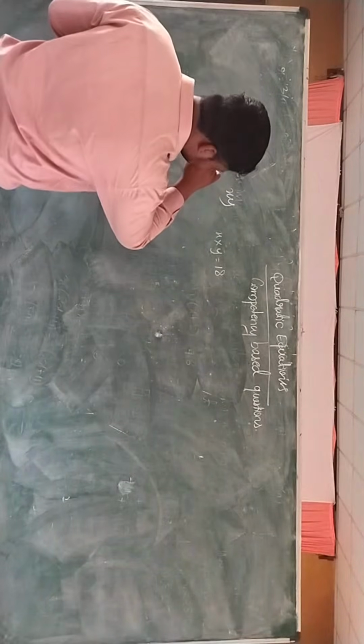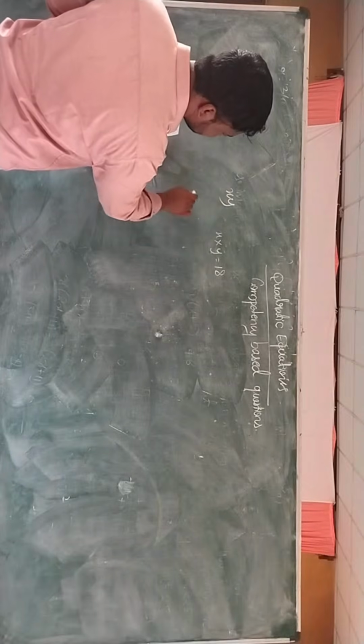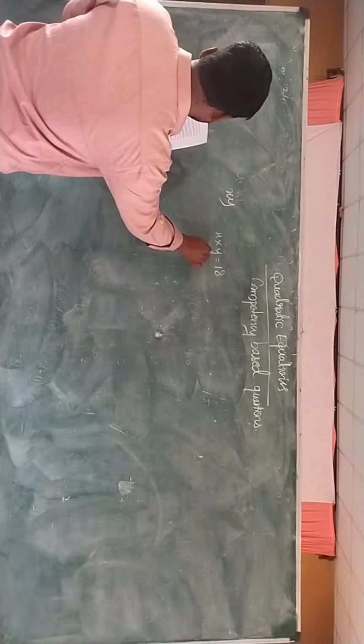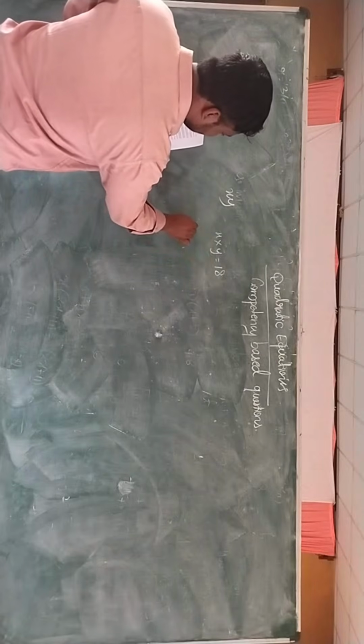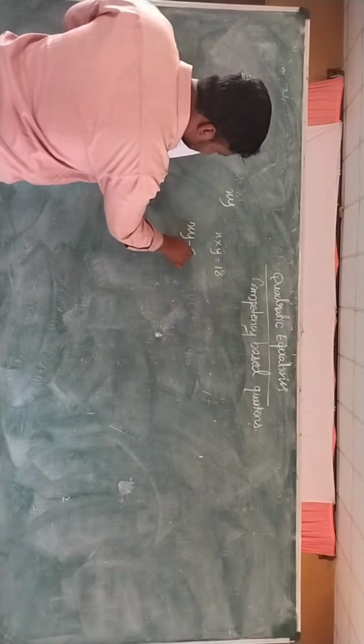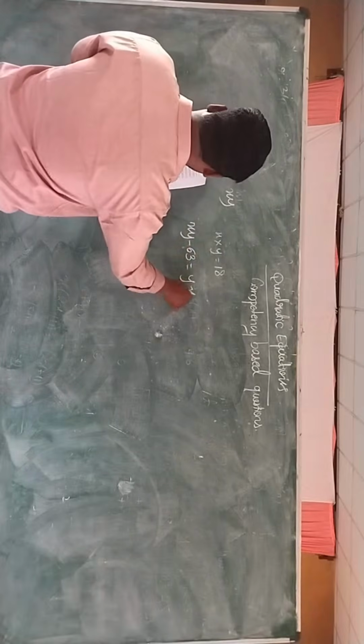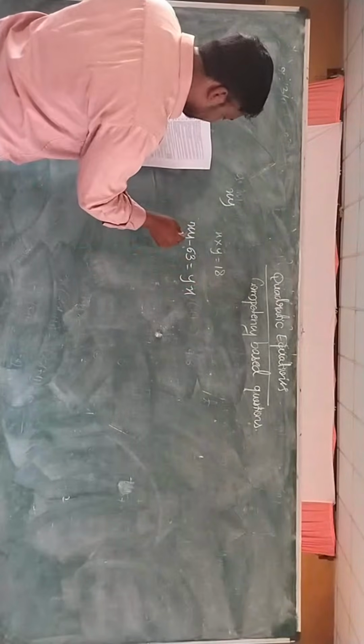When 63 is subtracted from the number, the digits will change. So here xy minus 63 will get yx. Find the number.